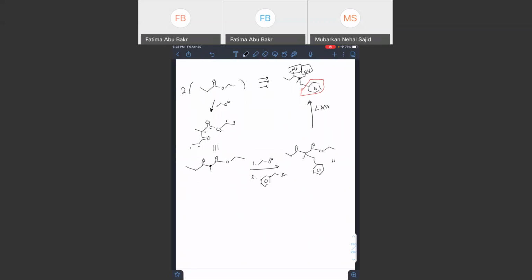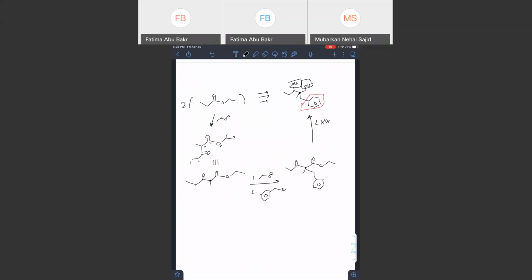And with LAH, you can always assume there's an excess. So it'll react with the ester and keep on reducing it down until it becomes just an alcohol, and the other one will also be reduced as well. So that part isn't too complicated. But it's kind of hard to see at first that LAH can take a complete ester, clip off a ton of it, and just turn it into an OH.